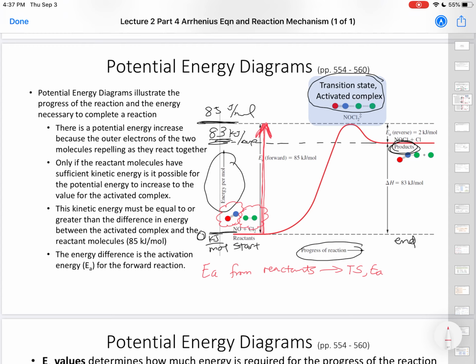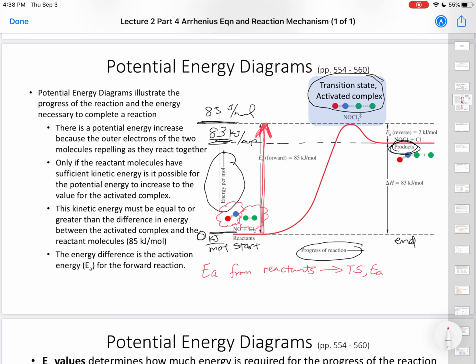For the two molecules to come together and form a bond, we're going to have to overlap electrons, because a chemical bond is the sharing of electrons. Since electrons are negative, they repel one another, and so we have to overcome this repelling for a bond to be formed. This means that for a new bond to form, it's going to require some amount of energy.